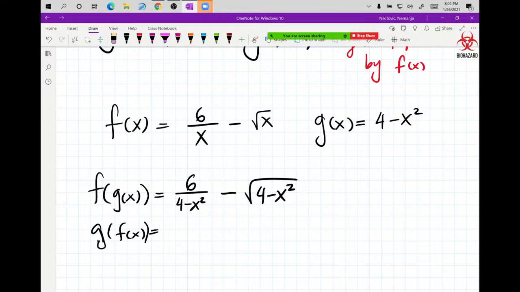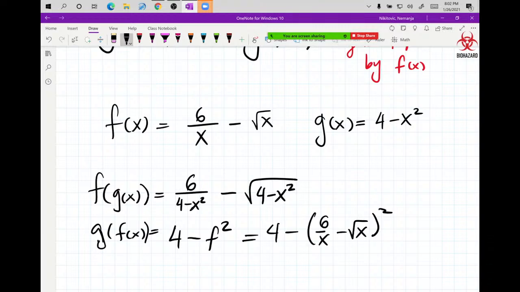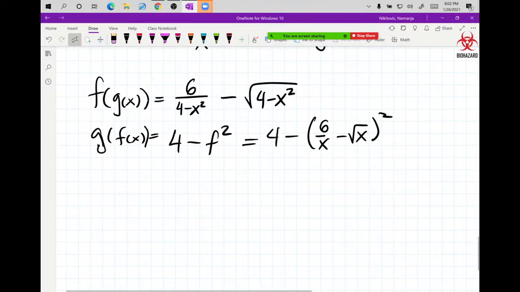It would be 4 minus the f function, 6 over x minus root of x, squared. Nice. Now this one, my tablet is overheated even with the high spec underneath.